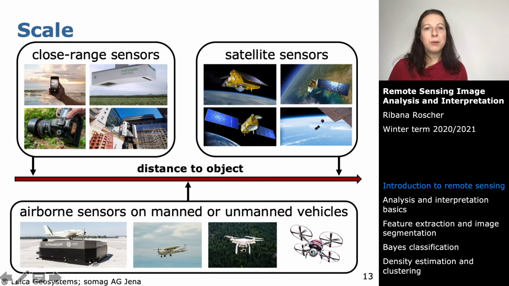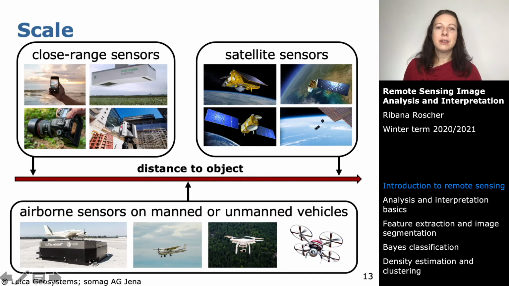So when we have a look at the scale, I already mentioned at the very beginning, remote sensing is not only about satellite remote sensing. You also have close range applications and also something in between. So let's start with the close range sensors. The most famous close range sensor is your smartphone.